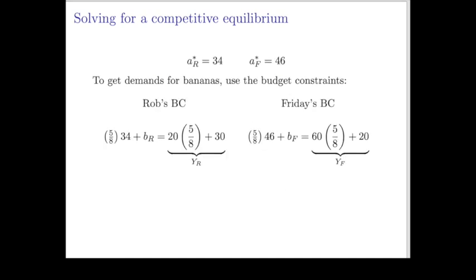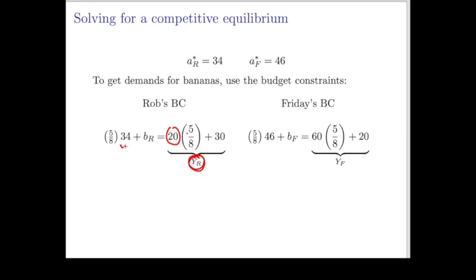Well, if we want to get their demand for bananas, we could just go back to their budget constraints. That's one way to do it. Right? We know how much their incomes are. Rob's income is, remember, 20 times the price of apples plus 30 times the price of bananas. Price of bananas is 1, price of apples is 5/8, so this is his income.